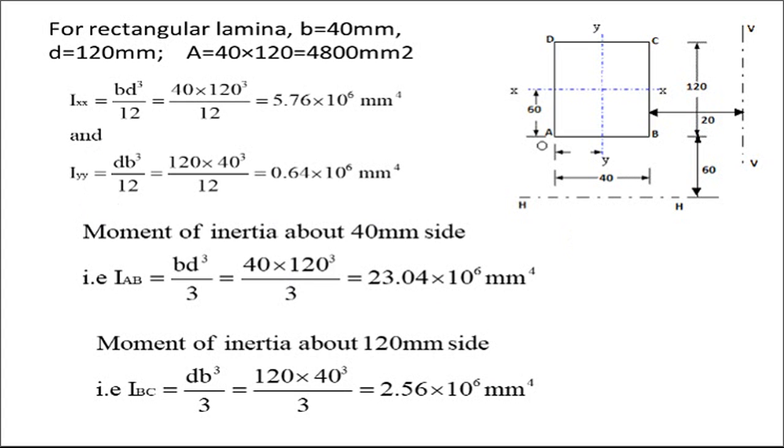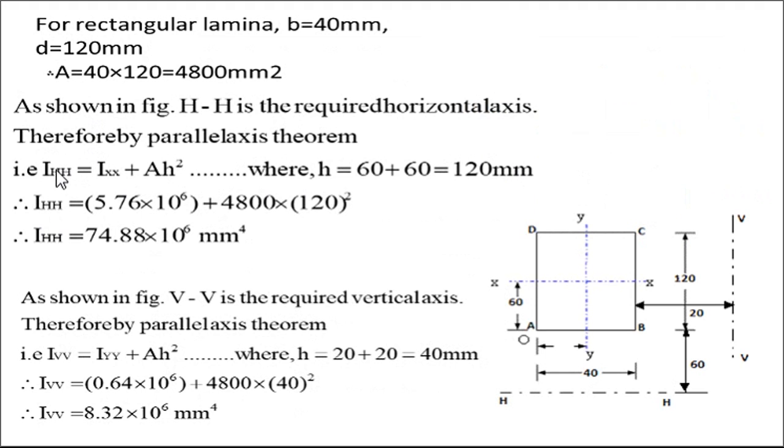So for this we have to use the parallel axis theorem. Already we know the parallel axis theorem: IHH is equal to IXX plus AH square. If your axis is away from the lamina or cross section, at that time you have to use the parallel axis theorem.